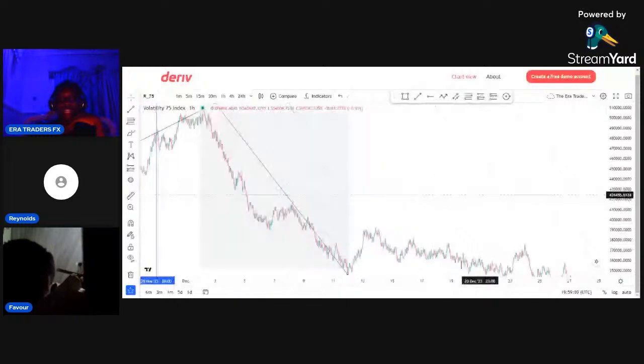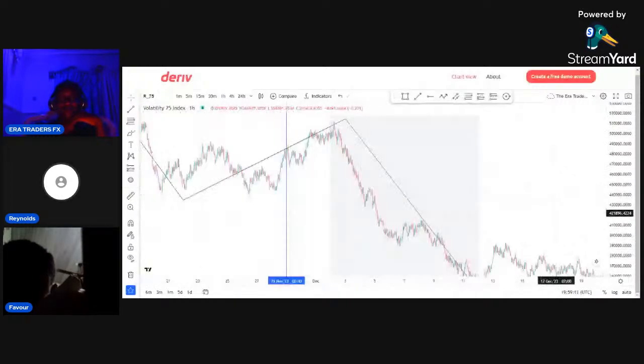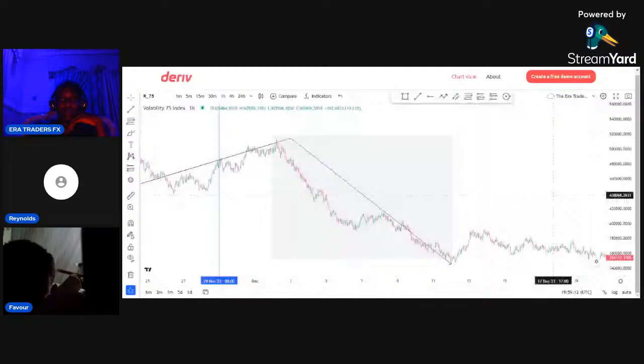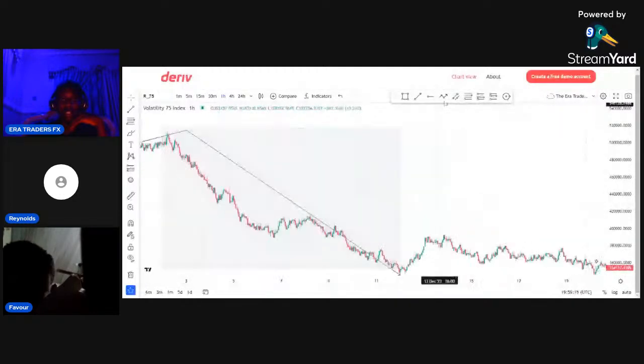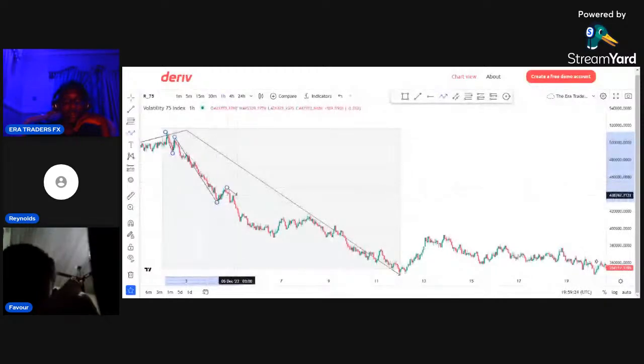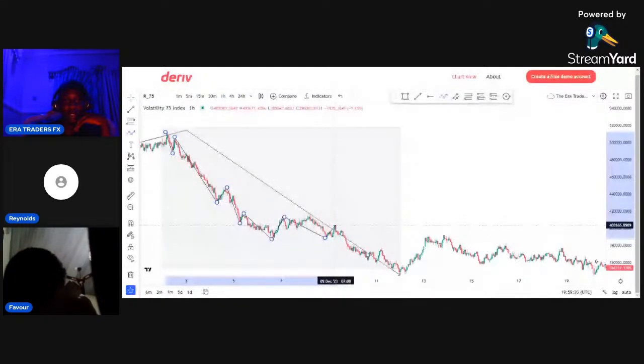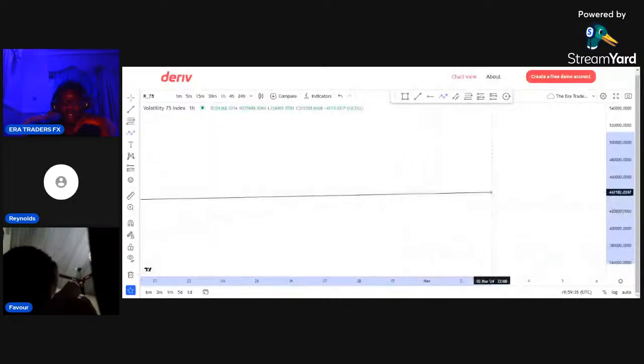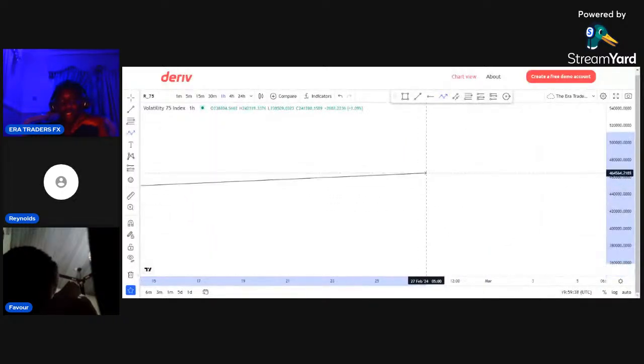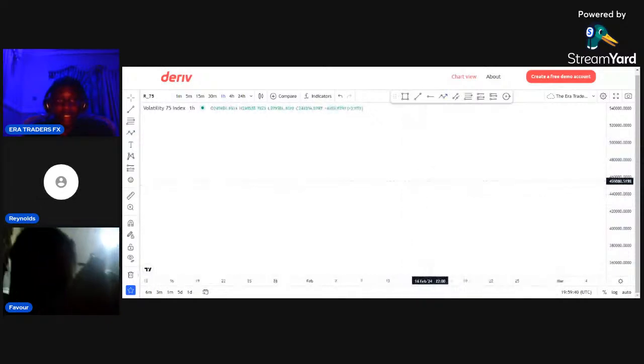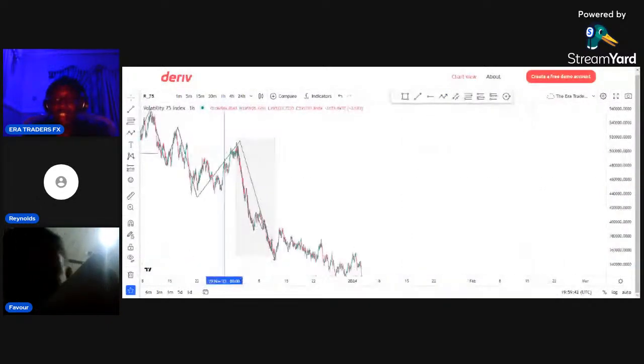It was forming higher low, lower lows and lower highs: lower low, lower high, lower low, lower high, lower low, lower high, lower low. Just like that, the market will be forming minor structures on a major leg. Do we get what I'm saying?